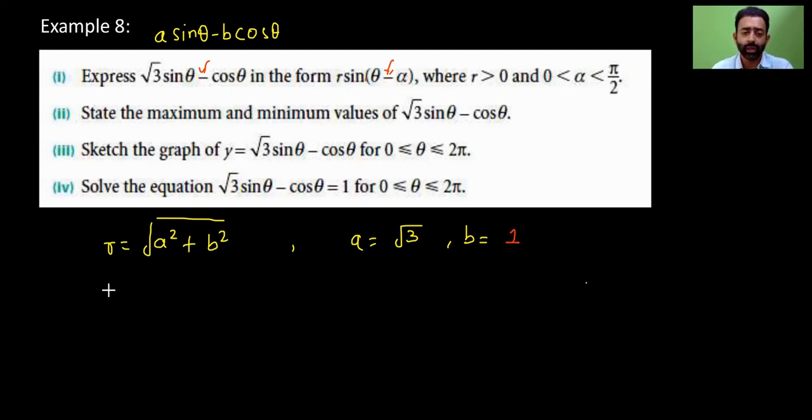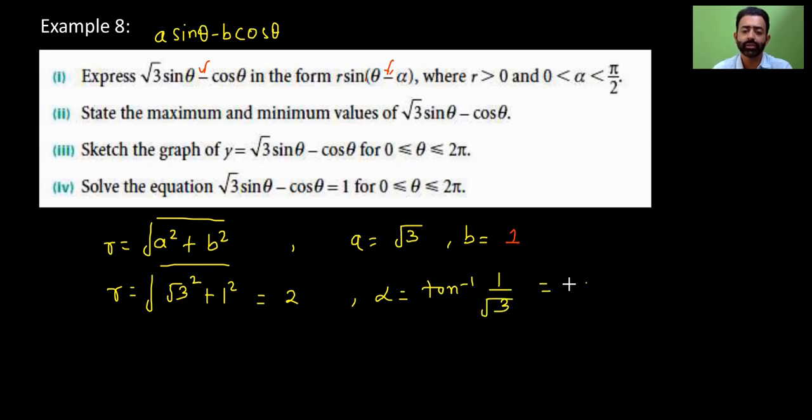So the value of r is the square root of a squared plus b squared, meaning the square root of root 3 squared plus 1 squared. So 3 plus 1 is 4, and the square root of 4 is 2. So the value of r here is 2, and you can also find the value of alpha, which is tan inverse of b by a, so 1 by root 3, which is pi by 6, 30 degrees.